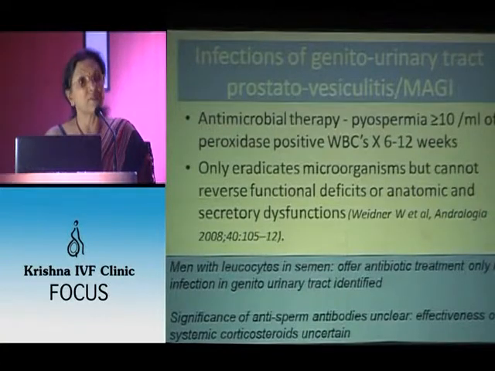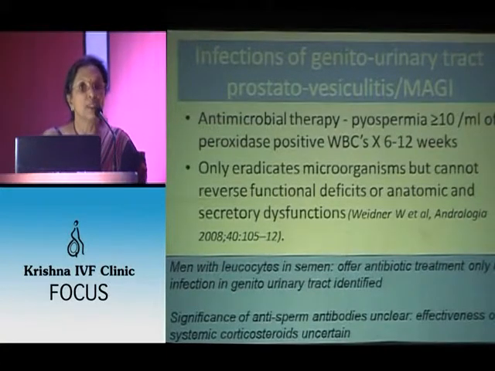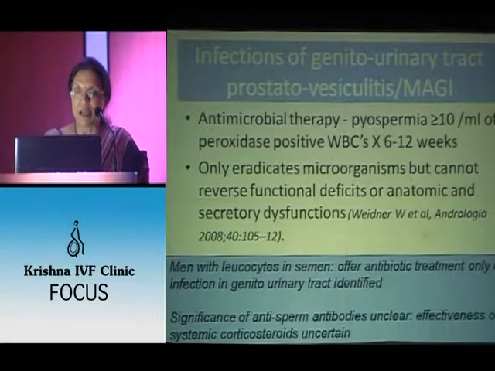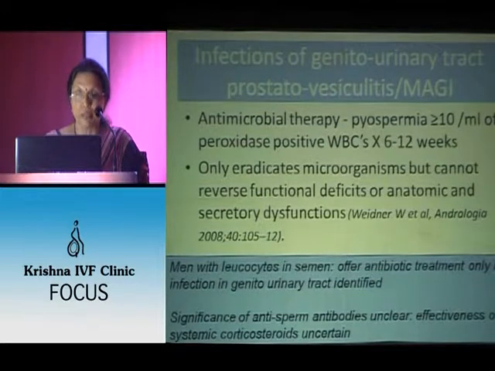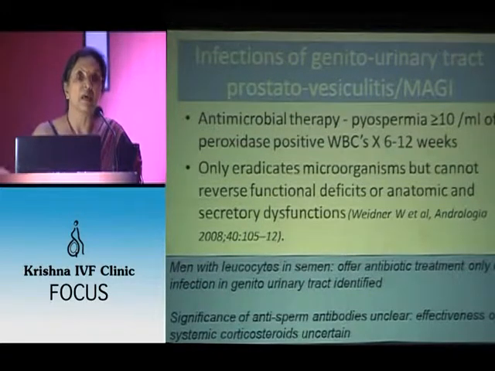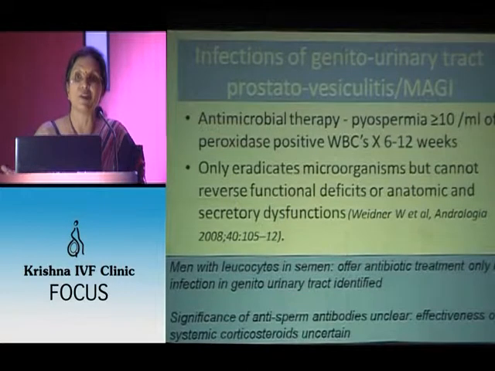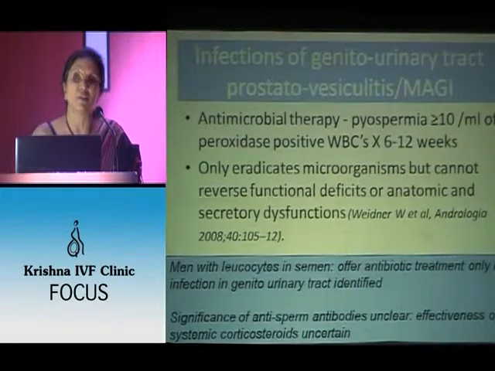Now we have to understand another thing: antimicrobials eradicate microorganisms from the genital tract, but they cannot reverse functional deficits or anatomic and secretory dysfunctions which occurred while the inflammation was on, and while healing of the inflammation happened, a lot of strictures and gland dysfunction develops.